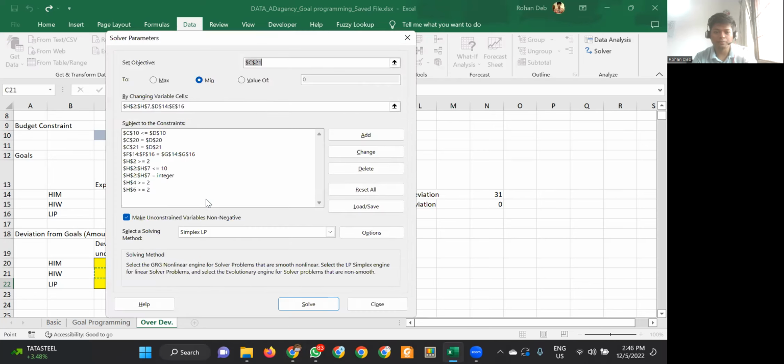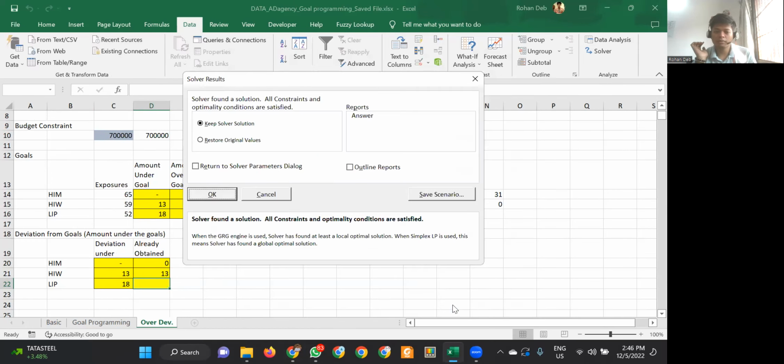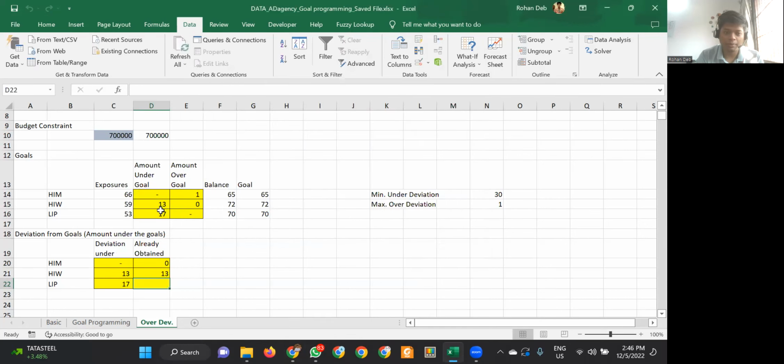Okay. Now I have to set the objective as C22. C22 is this one. Now I click on solve. Now you see it became 17. So this is the minimum amount that is possible.